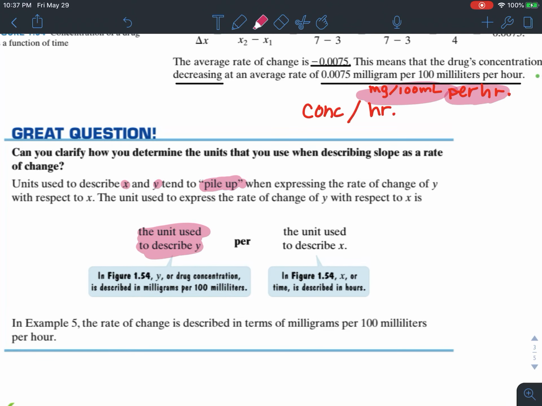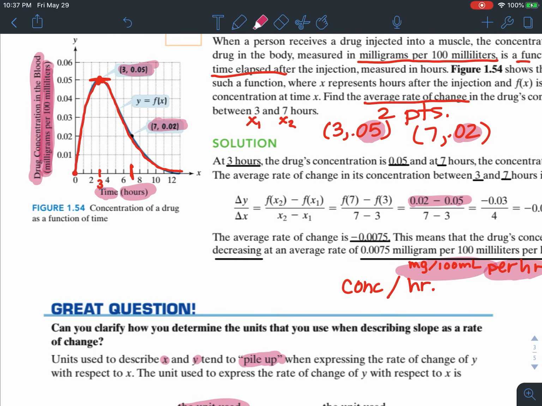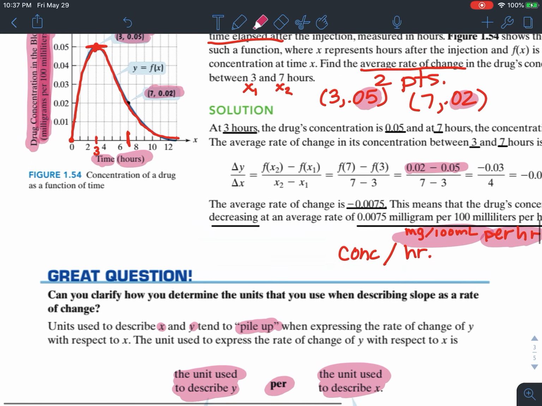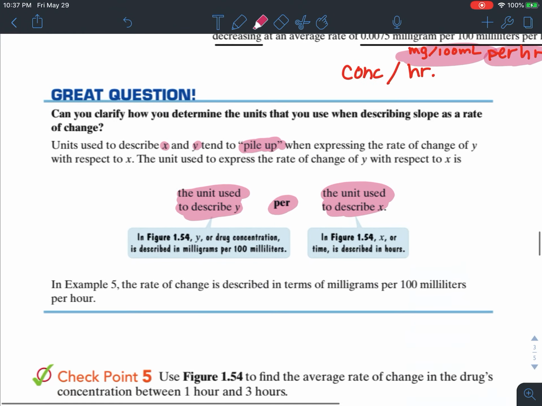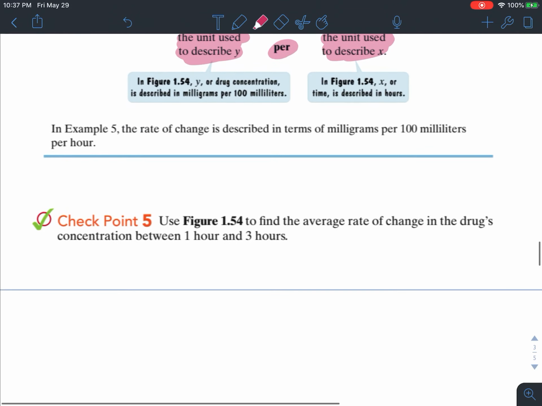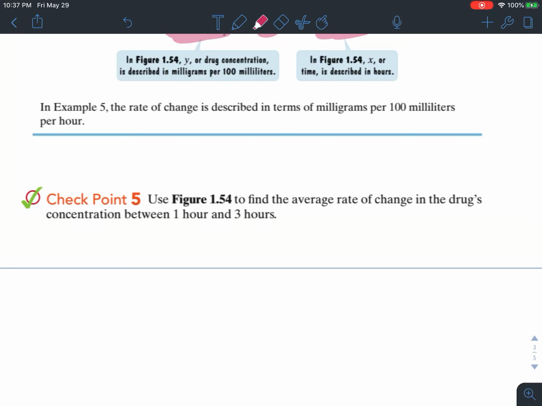So whatever unit is used to describe Y, and that's what I highlighted right here, per unit to describe X, which is here. So there we go. All right, one more, and then pre-calc is over.